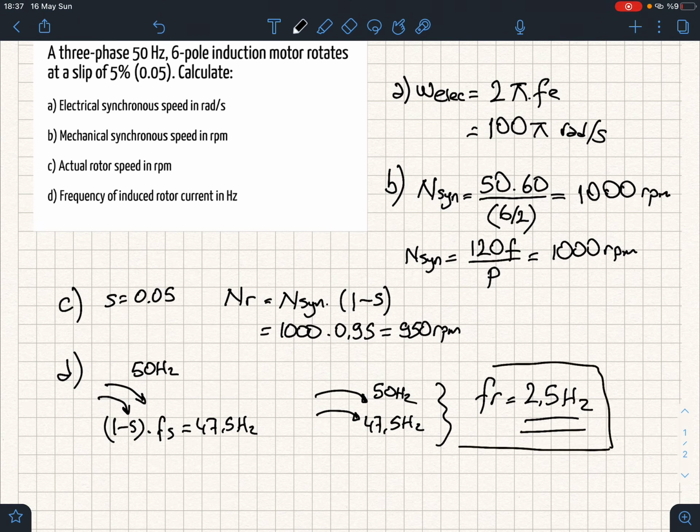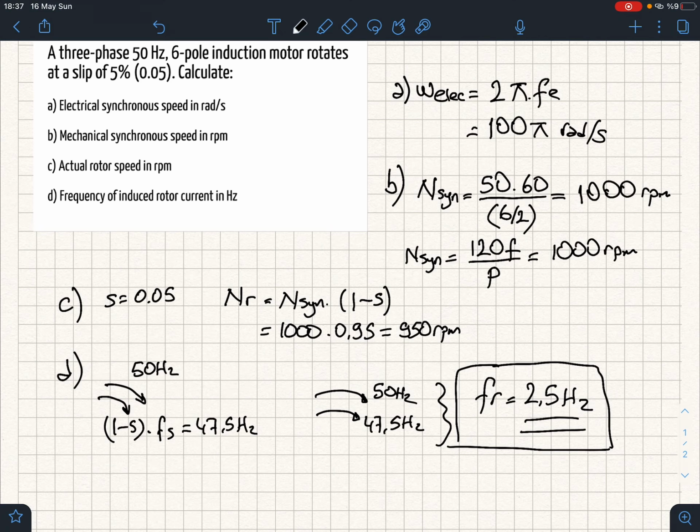If you happen to connect an oscilloscope to the rotor, the short circuit bars, and measure the frequency of that current, you will see a 2.5 hertz AC signal. Let me summarize it again.